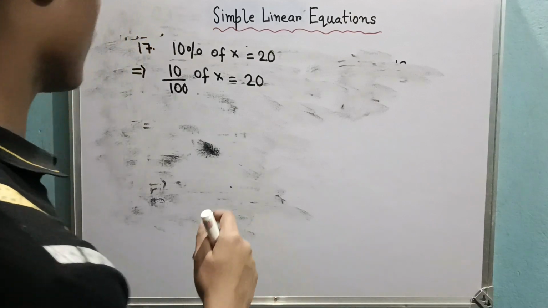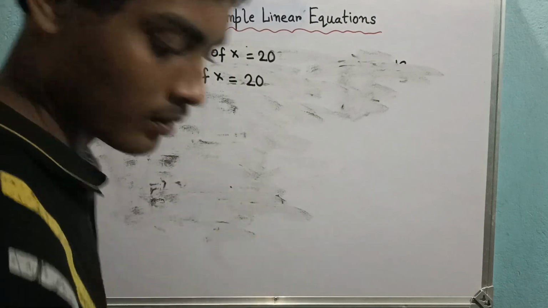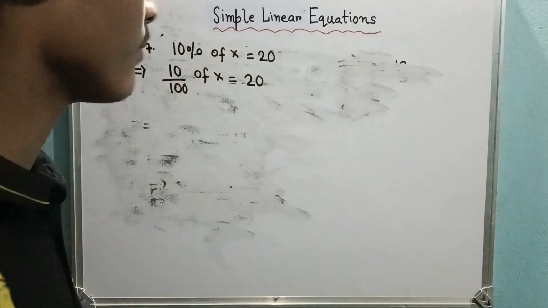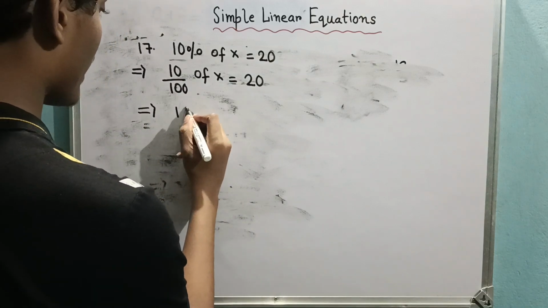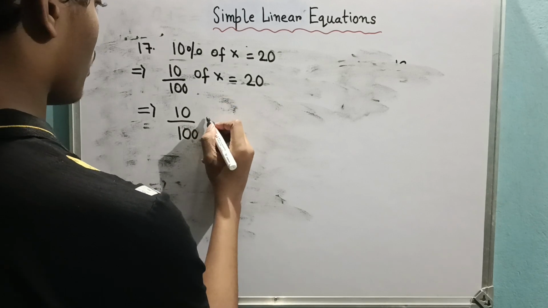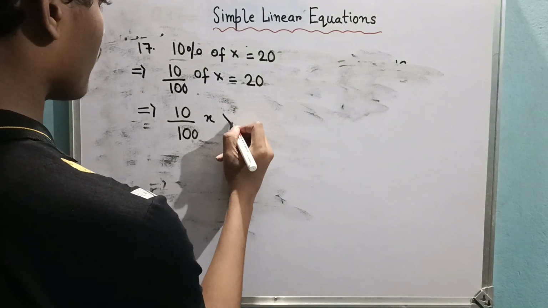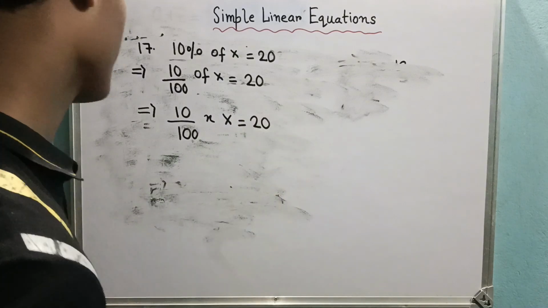And guys, I will now tell you one thing. Anywhere you see this word of, in case of this type of sums, that of is multiplication, nothing else. So here basically to write 10 by 100 multiplied by x will be equal to 20.